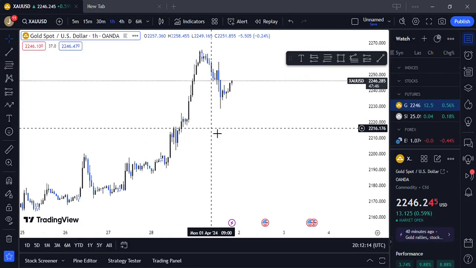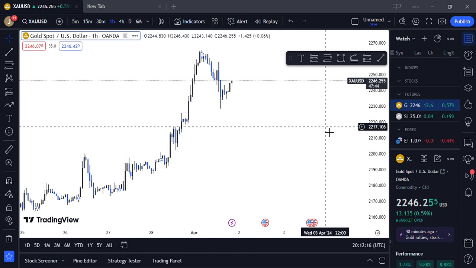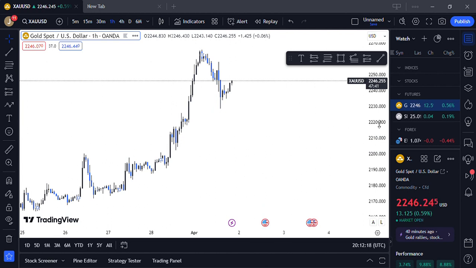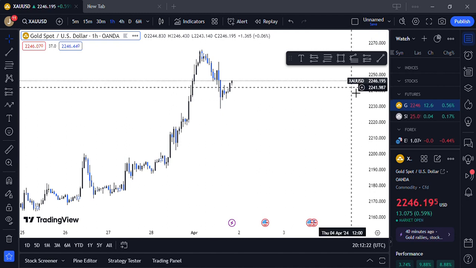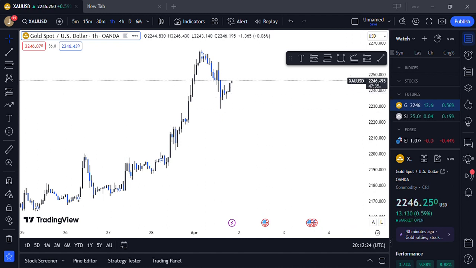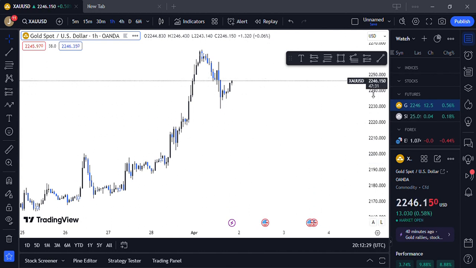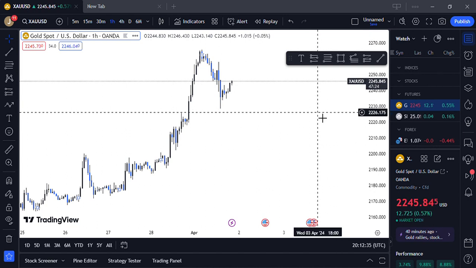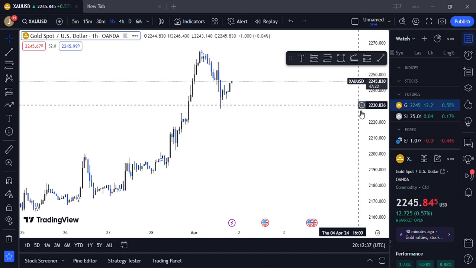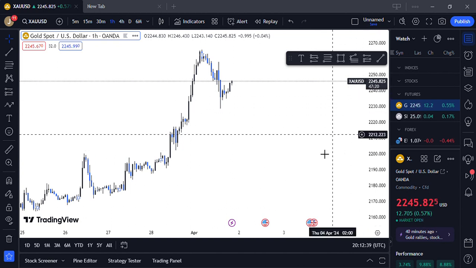What we're saying here is that one ounce of gold costs $2,246. Let me talk about how it works when you're comparing price.